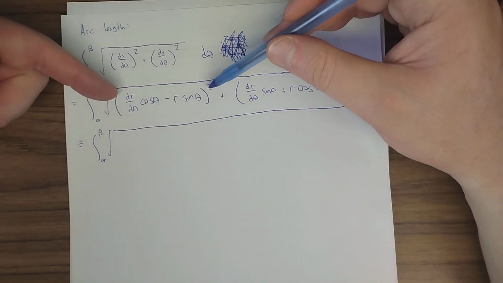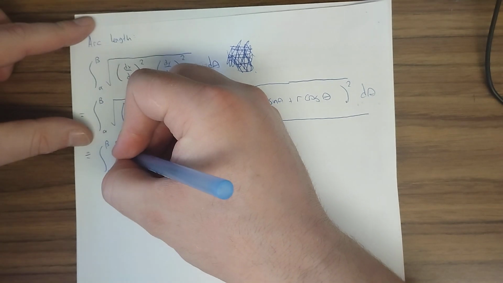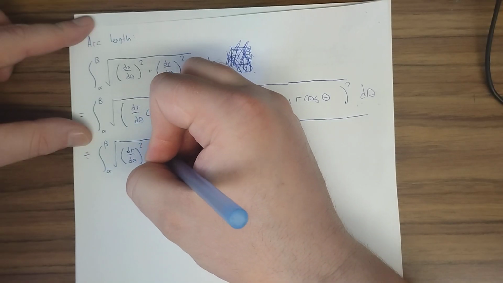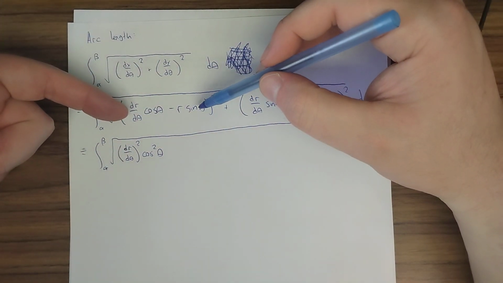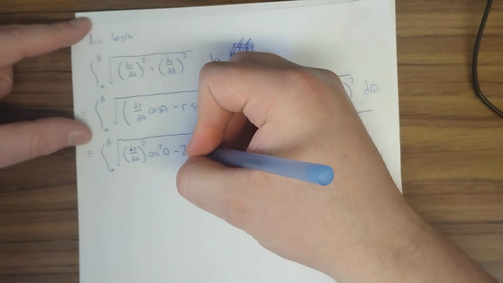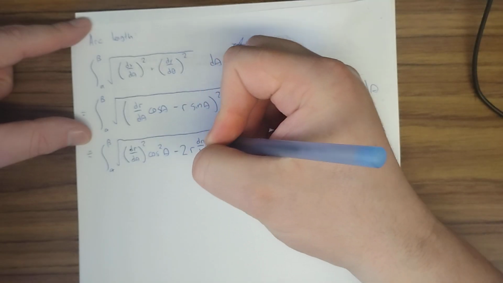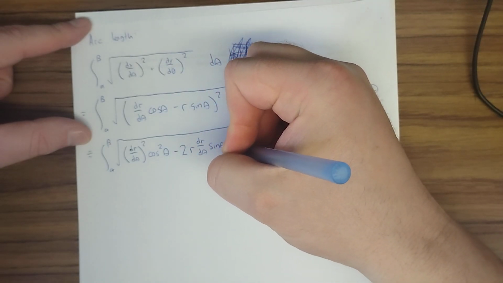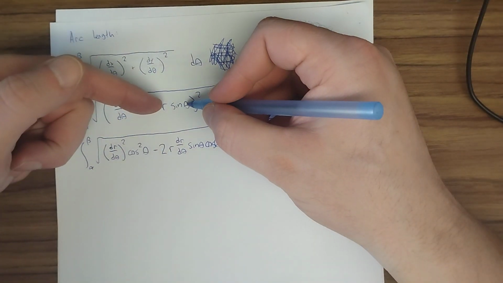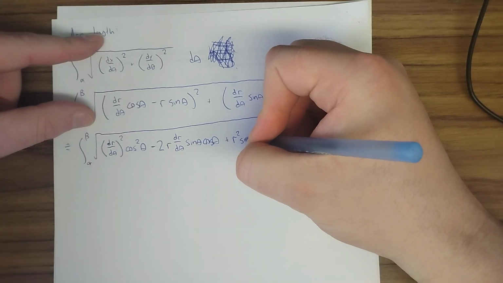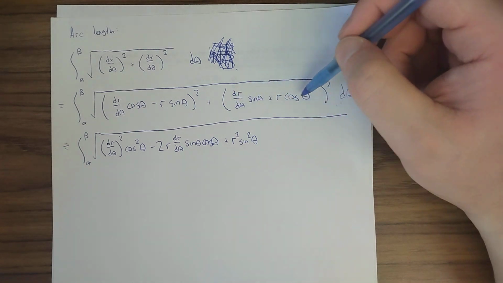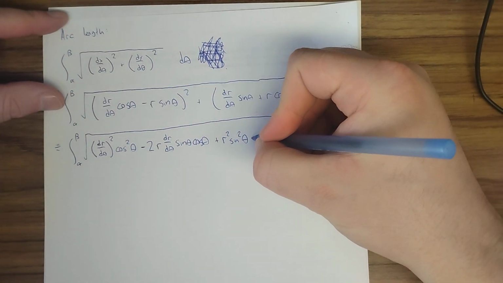Let's square this out. So I've got this squared, dr over d theta squared cosine squared theta. I'm going to have a minus 2 times this, so minus 2 r dr d theta sine theta cosine theta, plus this squared. Let's find out if I have space to square this out.